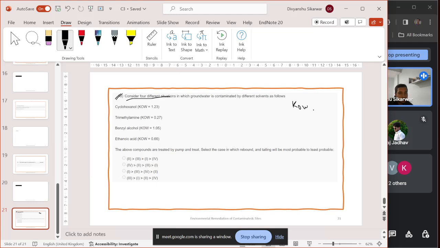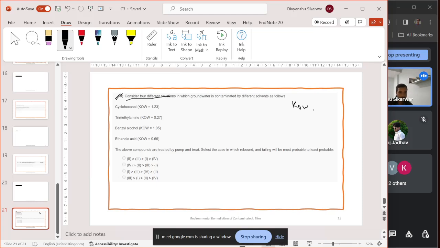Select the cases in which rebound and tailing will be most probable to least probable. A contaminant which has more tailing means we have to perform the pumping again and again, and for another contaminant we have to perform pumping a minimal number of times. In that order you have to arrange them.